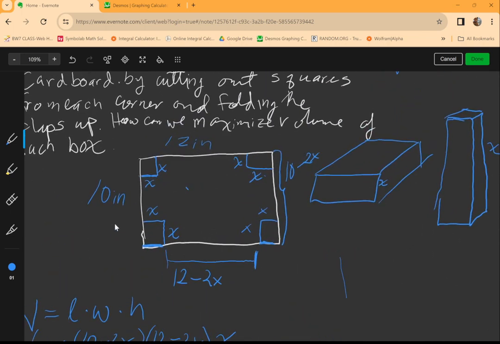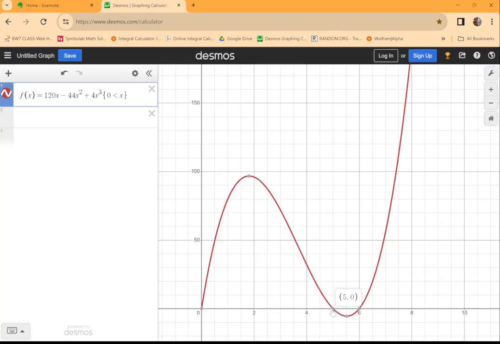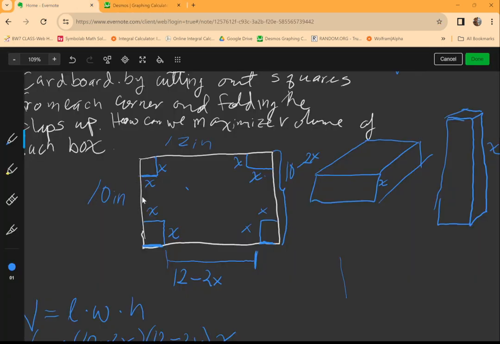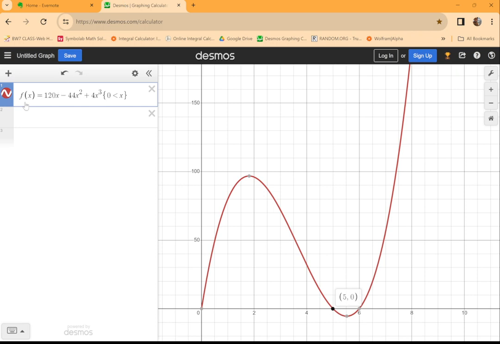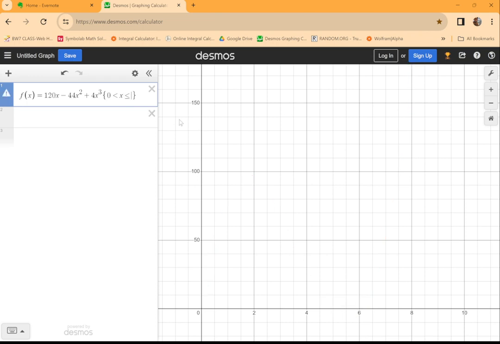If we're cutting out x here, then really 5, and you could tell that when I cut out 5, I can just fold the paper in half, and I don't have much of a box, which you can tell from here. Remember, the input, the value for x, is how much you cut out. And then the output is the volume, right? So this f of x is representing the volume. So really it doesn't make sense for it to be anywhere bigger than 5. All right, those are really what my actual domain needs to be.